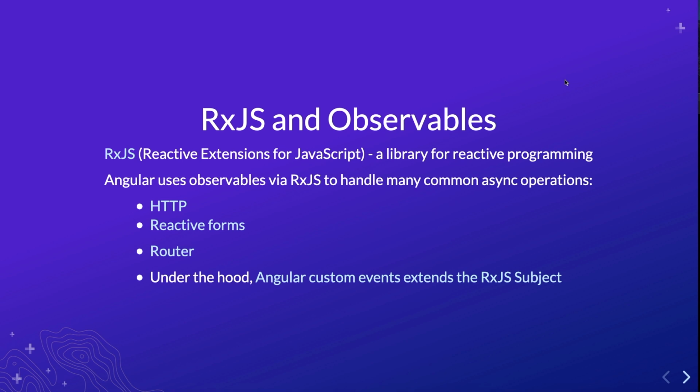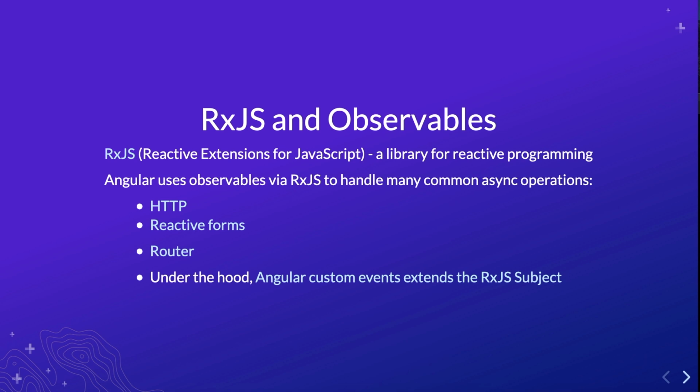So our final async pattern that we're going to be taking a look at is observables and RxJS. Observables are used heavily within Angular for lots of different common async operations: HTTP requests, reactive forms, routing, and actually, under the hood, Angular custom events.